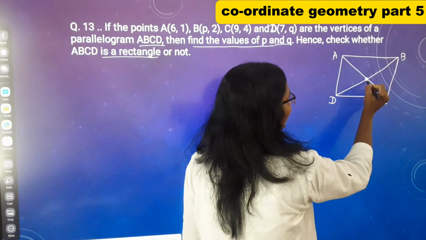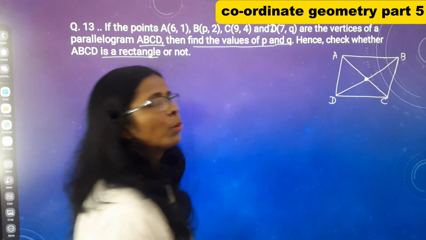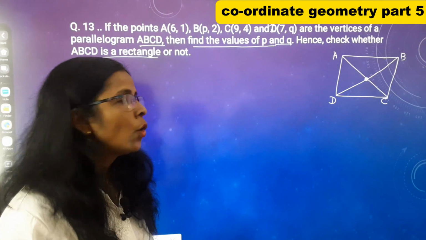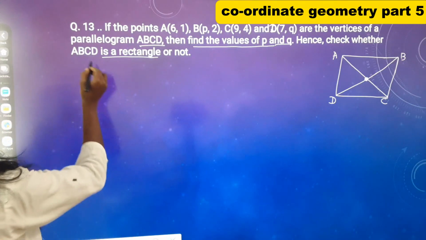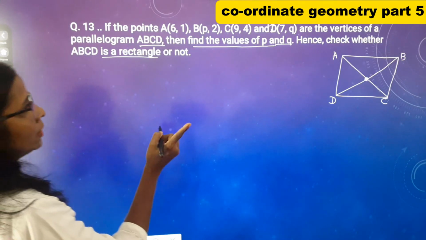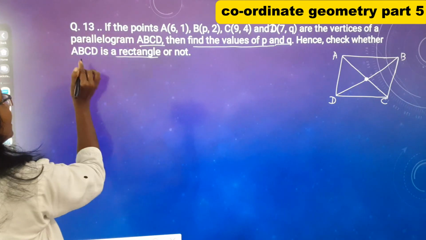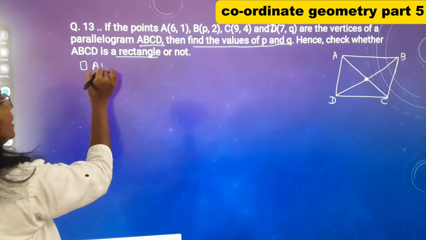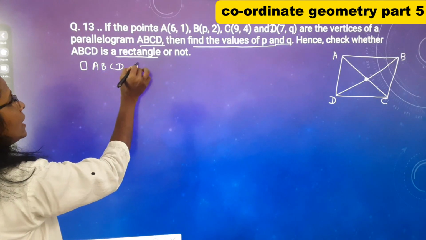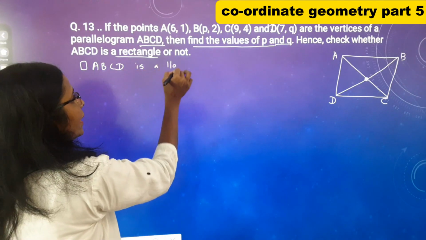Okay, so that means I write down that quadrilateral ABCD is a parallelogram.